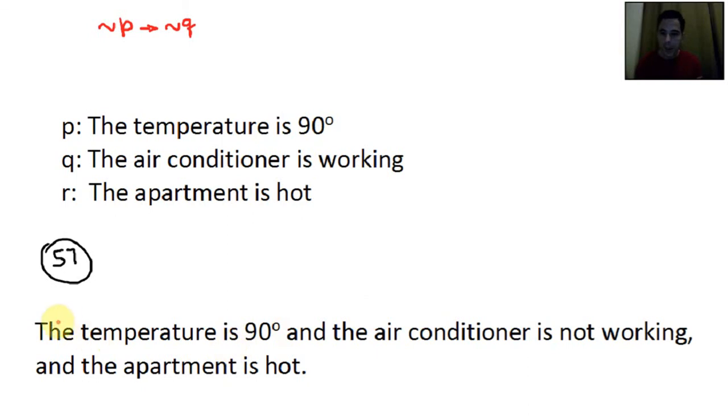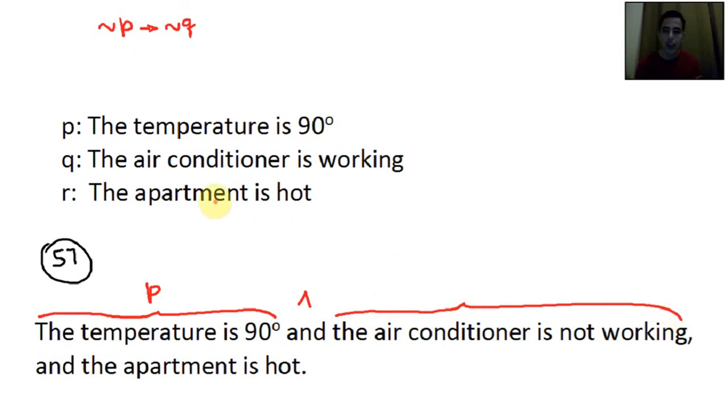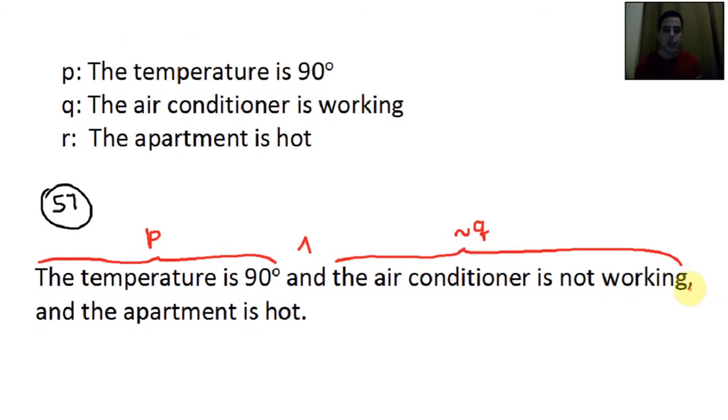Here we have the temperature is 90 degrees. Let me highlight this and indicate this is P. Here's the connective and, so that is the caret. Here's the air conditioner is not working. That's the opposite of Q, so it's negation Q. And then notice that there is a comma here.